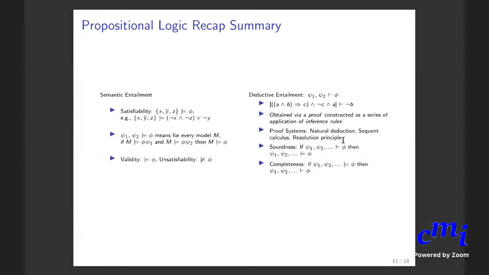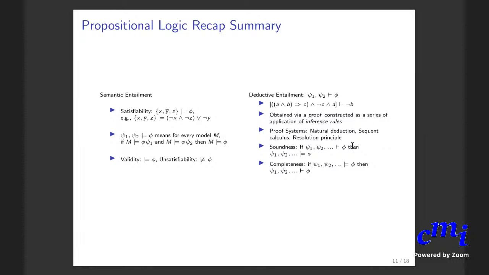But for now, assume that you have a set of inference rules. I haven't actually shown you inference rules and the notion of proof. Whereas here you are checking for all models, correct, in the semantic entailment. I have defined here the deductive entailment as derivation of a conclusion from a set of assumptions, psi1, psi2, etc., through an application of a series of instantiations of the inference rules of a proof system.